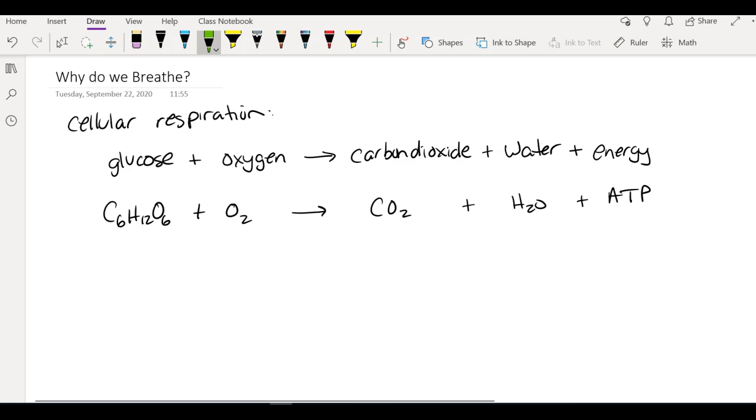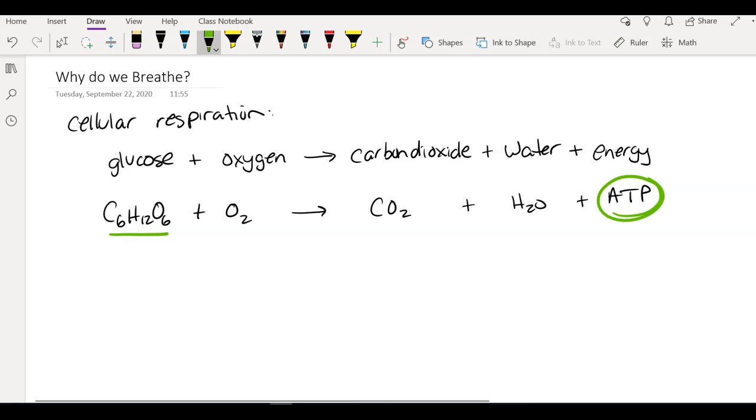Now, ATP is the reason that we do cellular respiration, because the energy that's stored in glucose is only usable in small packets. By going through aerobic cellular respiration in the mitochondria, using oxygen, we can harness the energy in the bonds of glucose and release lots of ATP.